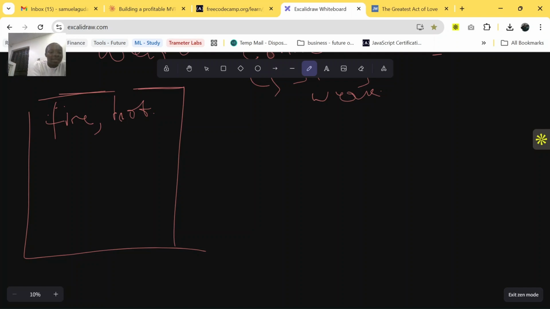Fire and hot are two very common words that go pari passu. There's a tendency that every time you see the word fire, a very high percentage of the time you see the word hot.